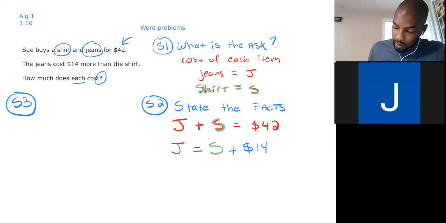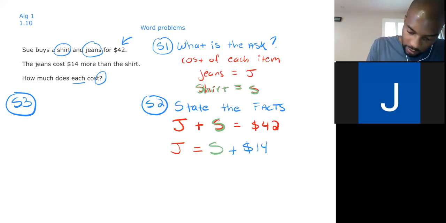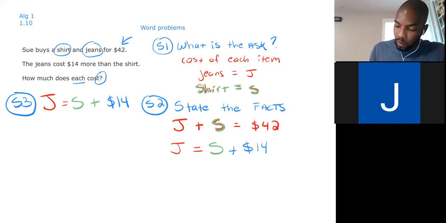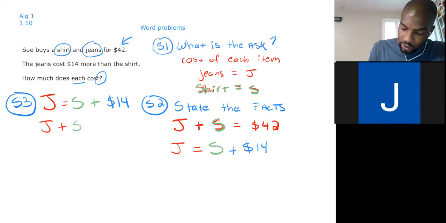I can now take my jeans, which is equal to the shirt plus $14, and substitute that value into my original equation. My original equation was the jeans plus the shirt price equals $42, right?